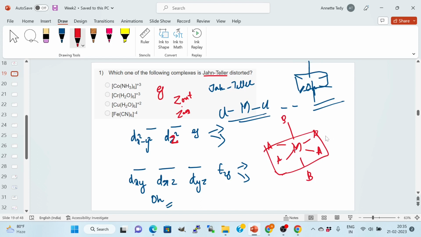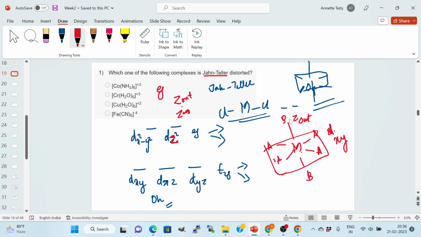This is for an octahedral complex. So this A is in the XY plane, and this B is on the Z axis, because A's are in a plane and B's are above and below the plane. In this case, this B can come closer to the metal or it can go far from the metal. When it goes far from the metal, that is called Z out. In that case, all these A's will come closer.